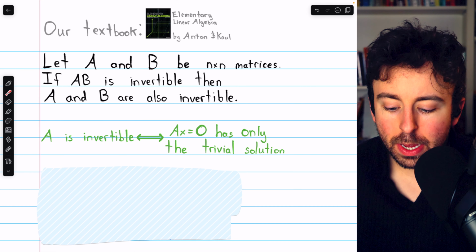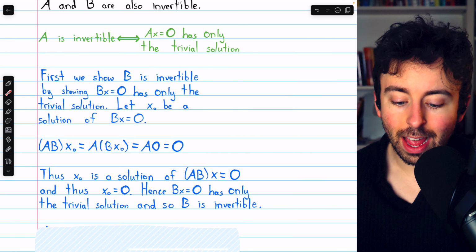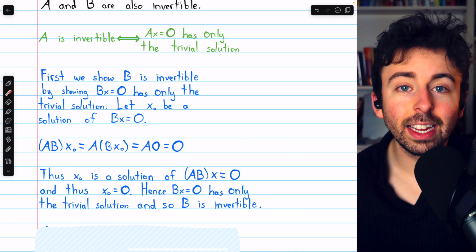Thus, x naught is a solution of the homogeneous linear system ABx equals 0, and since AB is invertible, that implies that x naught must be the trivial solution. It must be the 0 vector. Since we've shown that this arbitrary solution of Bx equals 0 is equal to 0, Bx equals 0 has only the trivial solution. Thus, B is invertible.